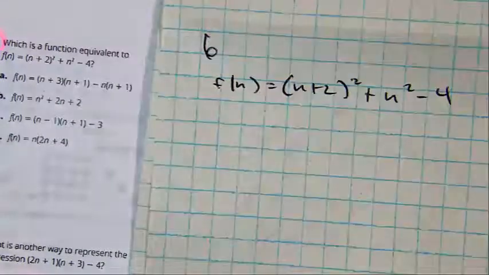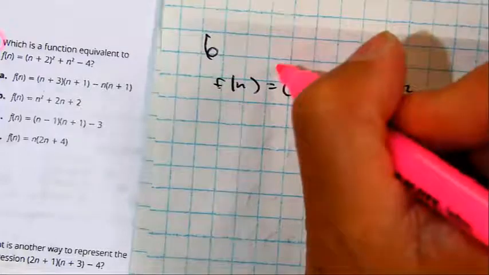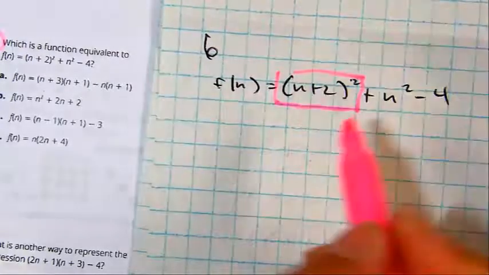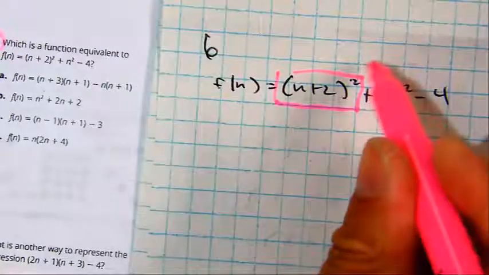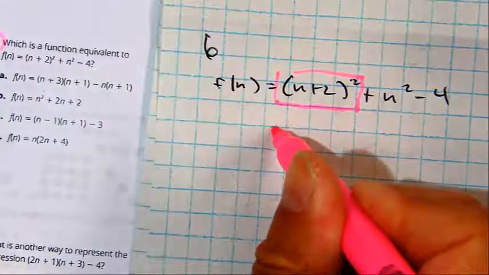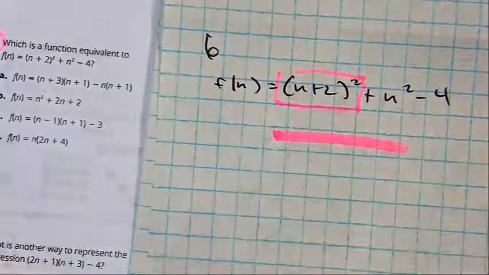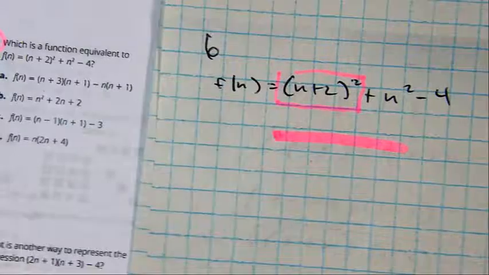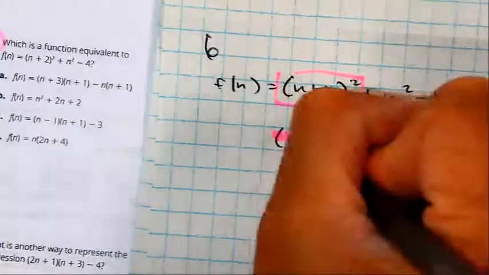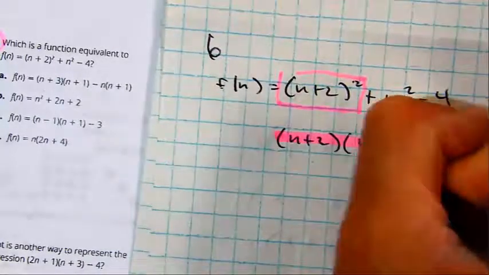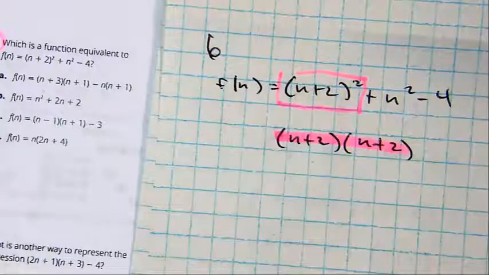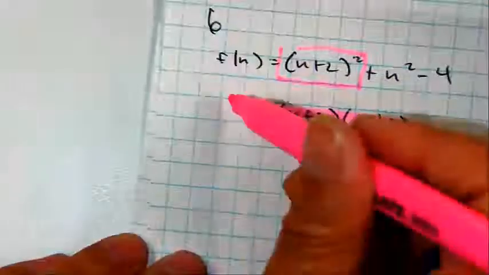Here was a common mistake from the quiz. N plus 2 squared. Again, you cannot distribute the power of 2. You cannot apply the power rule of exponents. Essentially what you have to do is n plus 2 times n plus 2. And because you're multiplying here, you're going to have to either use FOIL or the box.